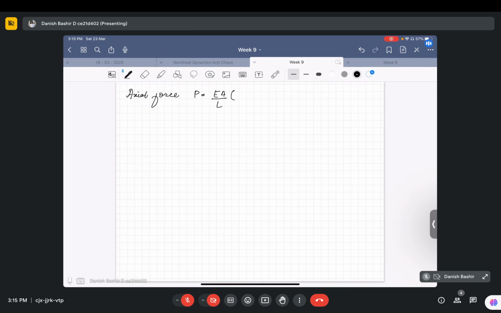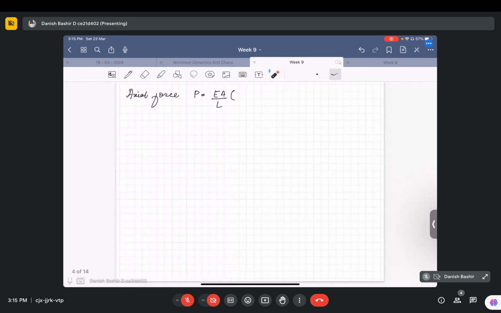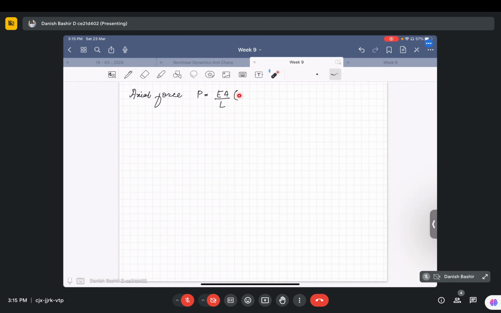Here we have different degrees of freedom, so in place of U1 and U2, we have D1 and D4. You remember this, okay? D1 and D4 are the axial degrees of freedom. So here again it will be minus D1 plus D4. This is for axial force.